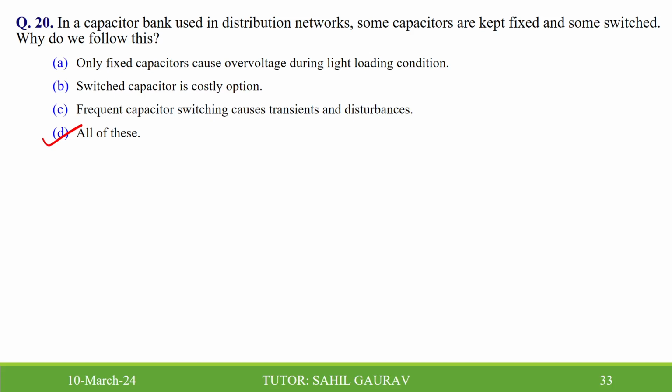So some part includes fixed capacitors and some parts include switched capacitors. And the third option is that frequent capacitor switching causes transients and disturbances. Yes, that is also true. That's why we keep some part as fixed capacitors only.